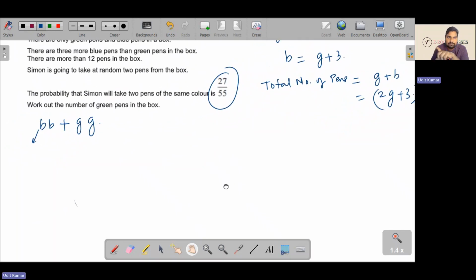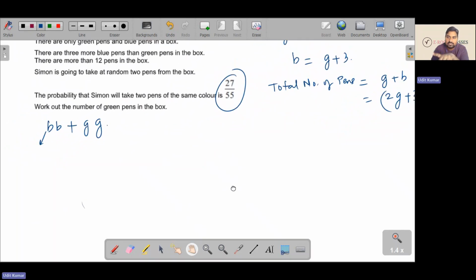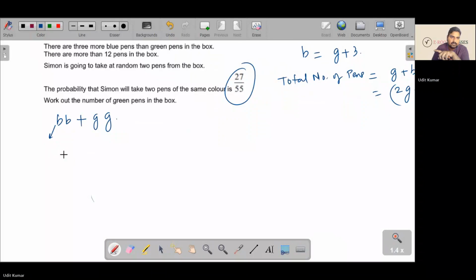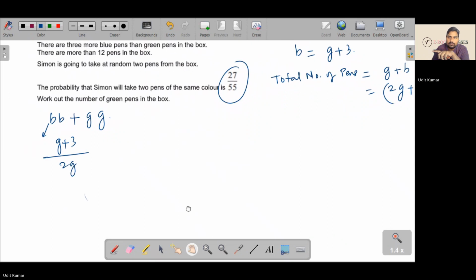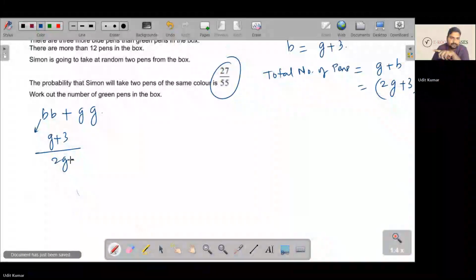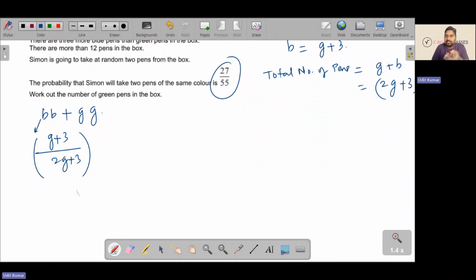So the first blue pen, because there are G plus 3 blue pens, it is going to be G plus 3 divided by 2G plus 3. And since you have taken 1 blue pen, now the number of blue pens which are left is G plus 3 minus 1 and 2G plus 3 minus 1, right?